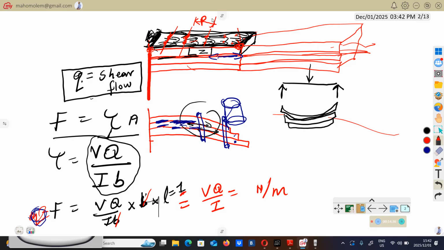You can use the symbol P. I think some authors will use the symbol S. Now to calculate this distance or this pitch, we're going to use this formula.